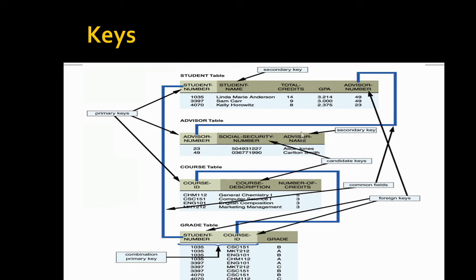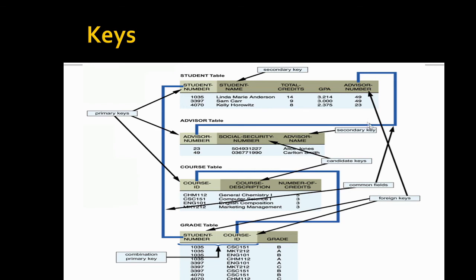We have the advisor table here. So the advisor number is a unique field, so it's our primary key. We have the social security number of the advisor, which is also unique, but it is not used as our primary key, so it is called the candidate key. And we have the advisor name, which also can be used to retrieve this record, but it may not be unique.